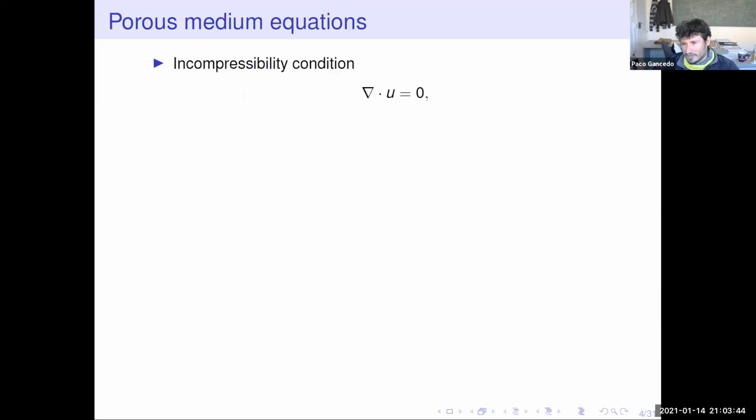So I'm going to consider an incompressible fluid, with the incompressibility condition, the very fundamental conservation of mass equation. Rho, if you wish, is the density of the fluid, u is the velocity field.